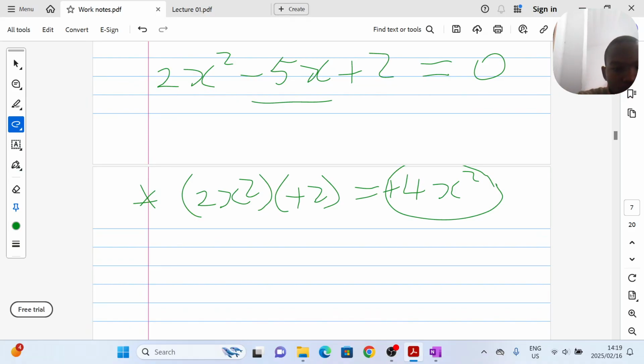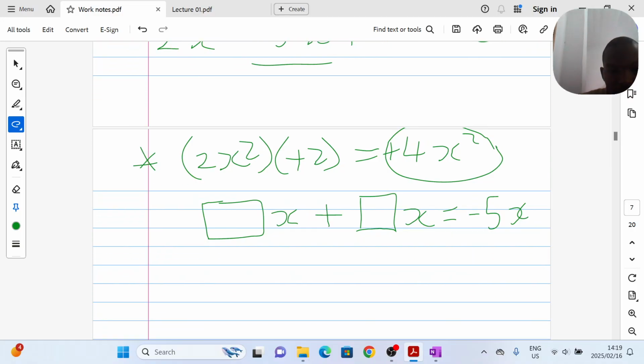So we are looking for two terms which must have an x, such that if I add them, I get minus 5x, and if I multiply them, I get positive 4x squared.